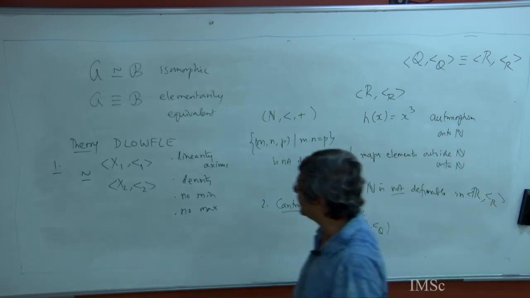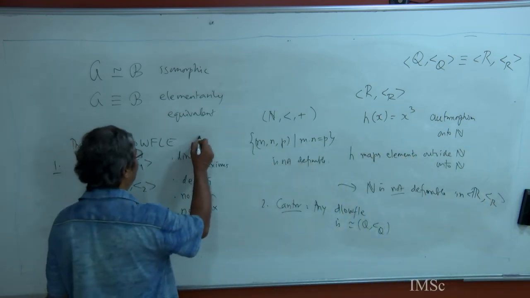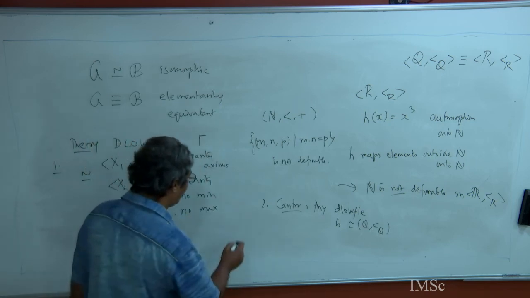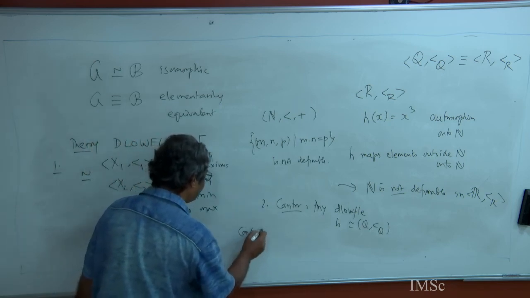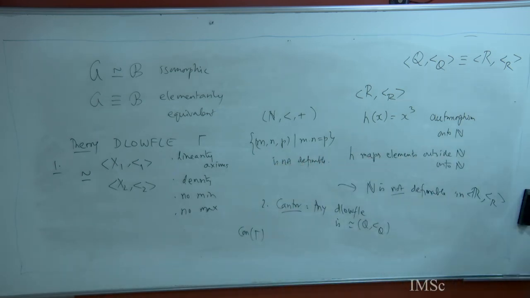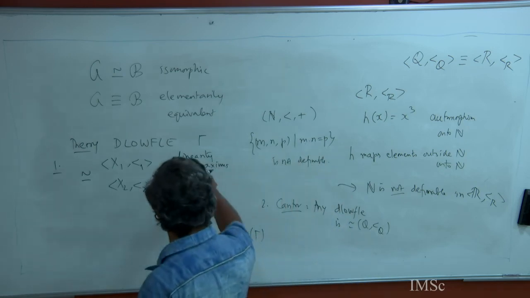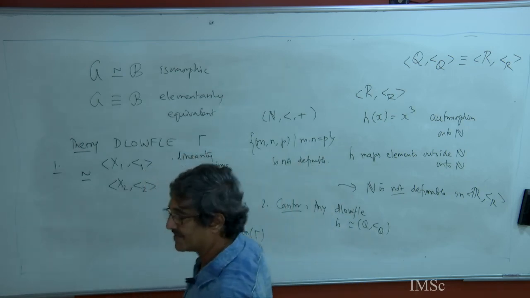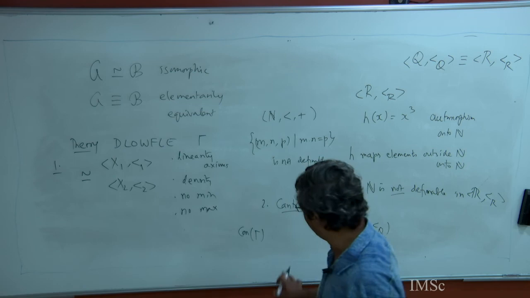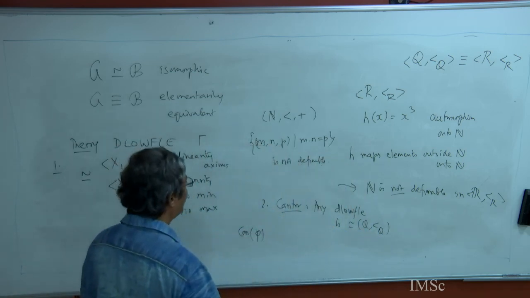So now if I take this particular theory, let me call this theory gamma. Now if I am looking at the conjunction of gamma, this is actually a single sentence, because this is finite, so I don't even need a set.